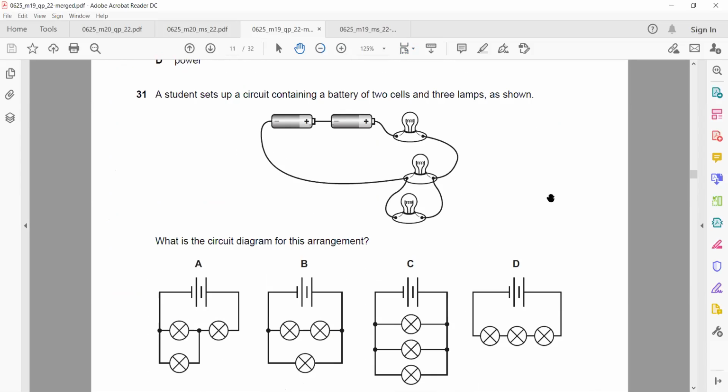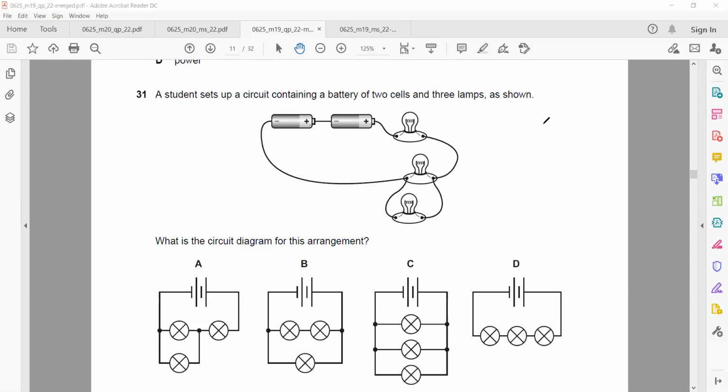Question 31: a student sets up a circuit containing a battery of 2 cells and 3 lamps. Which diagram is the circuit diagram for this arrangement? To understand the circuit diagram, you just replace these components by the symbols.